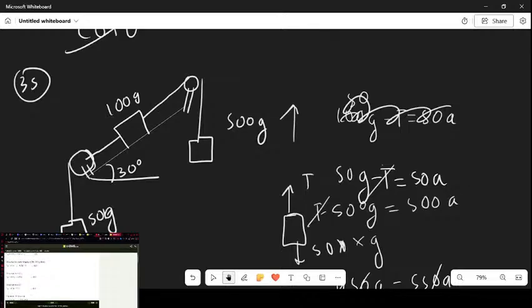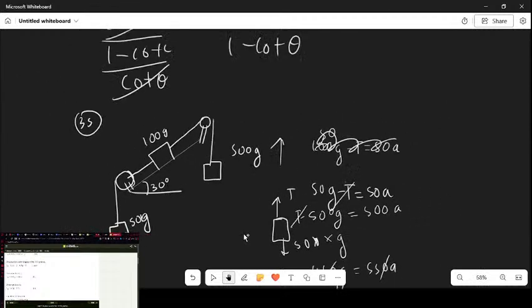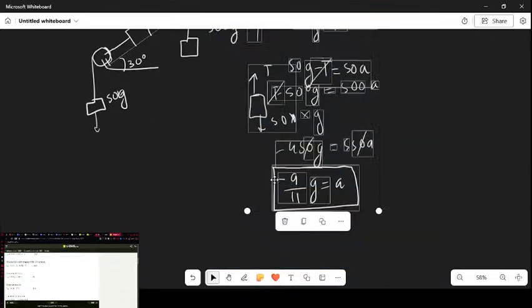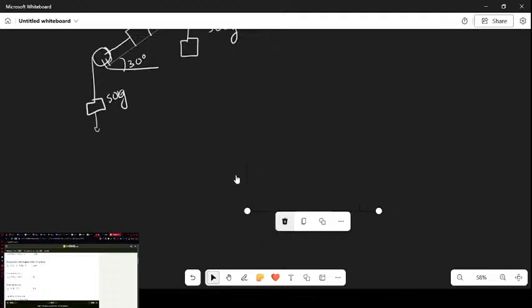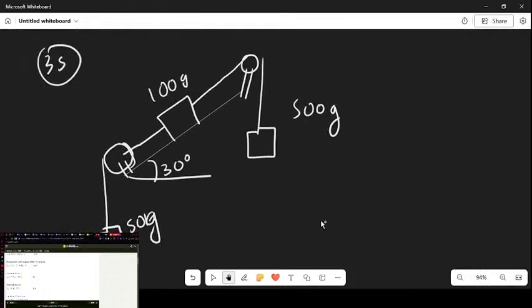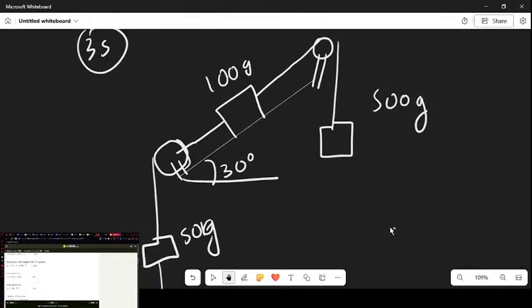You have an extra tension to take into consideration. Yeah, I forgot one force here, that is tension T1 and here T1. I forgot one force.